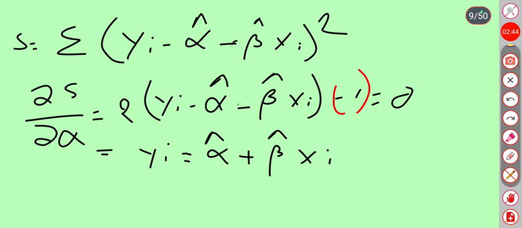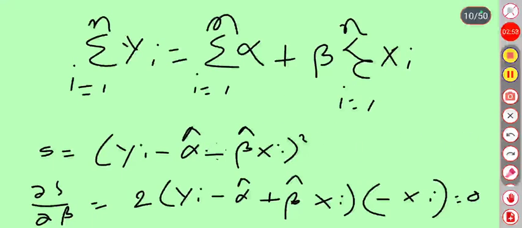So yi is equal to alpha hat plus beta hat xi, and taking the sum on both sides, summation i equal to 1 to n yi is equal to summation i equal to 1 to n alpha plus beta summation i equal to 1 to n xi.